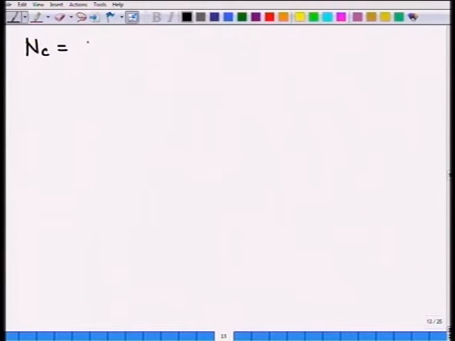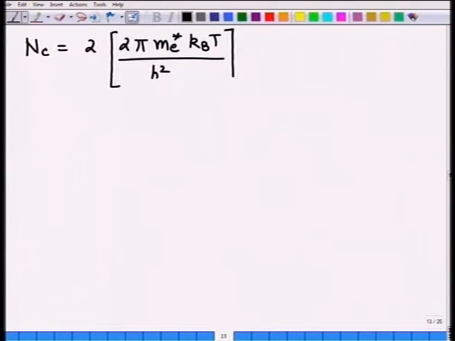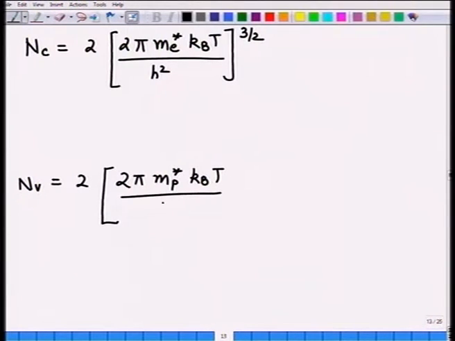NC was equal to 2 times (2 pi effective mass of electrons kB T over h square) to the power 3 by 2, and NV is equal to 2, same expression, very similar expression, but the effective mass of holes we now have to use. So, these are the effective density of states.